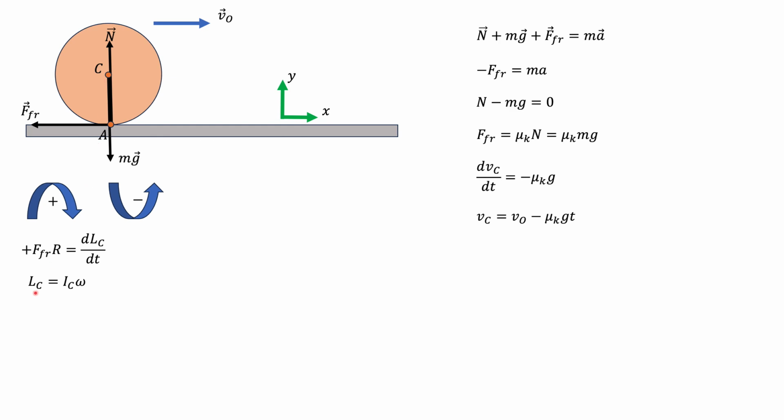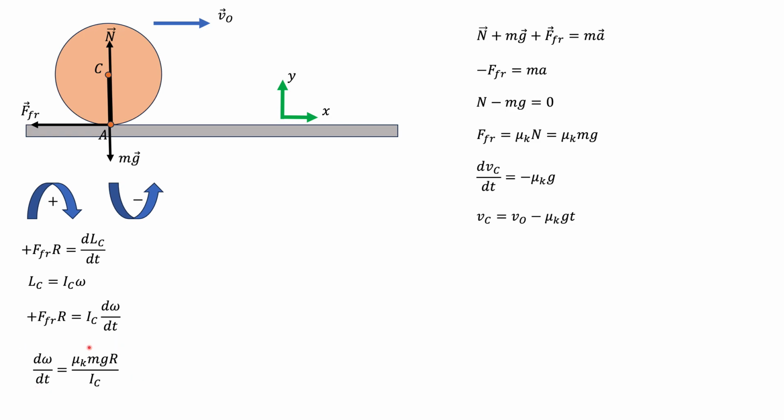So we can write the angular momentum as moment of inertia with respect to the center of mass times omega. Plug this equation into the first equation, we get this relationship, we've done it before, and rearranging the terms, we find an equation for the angular acceleration.